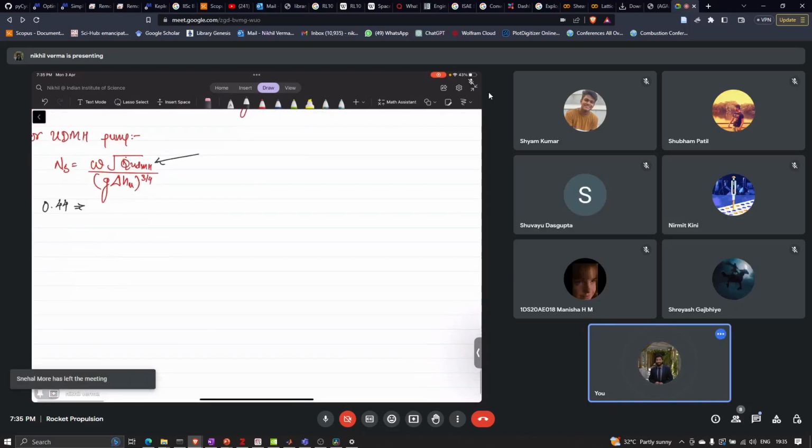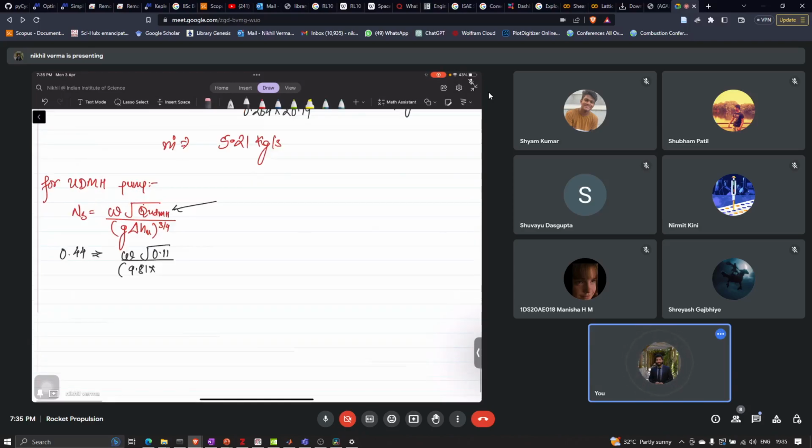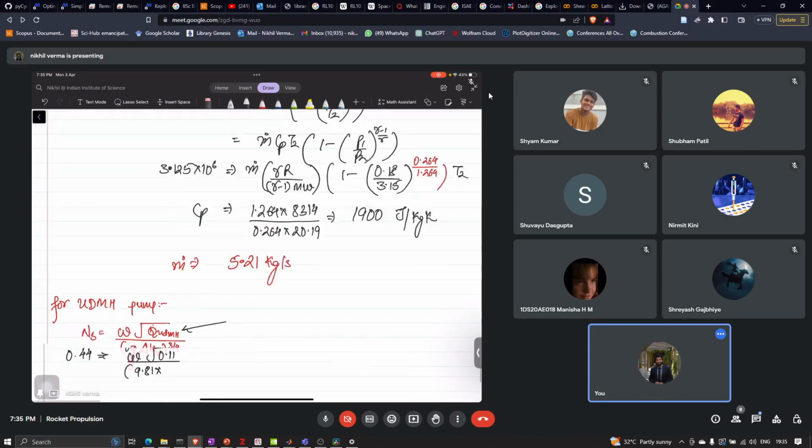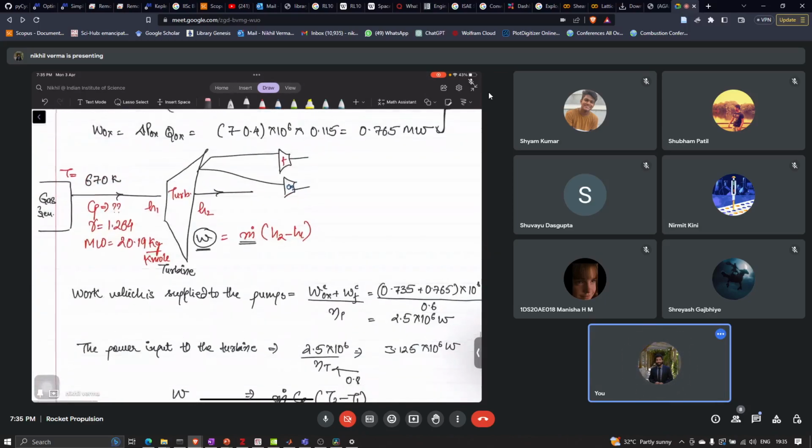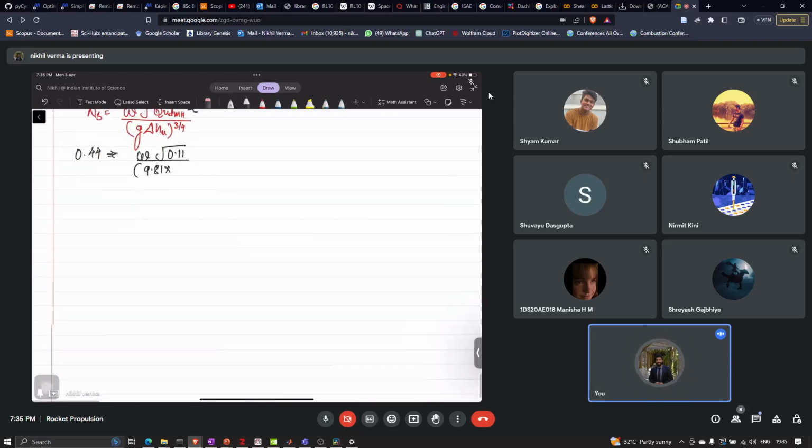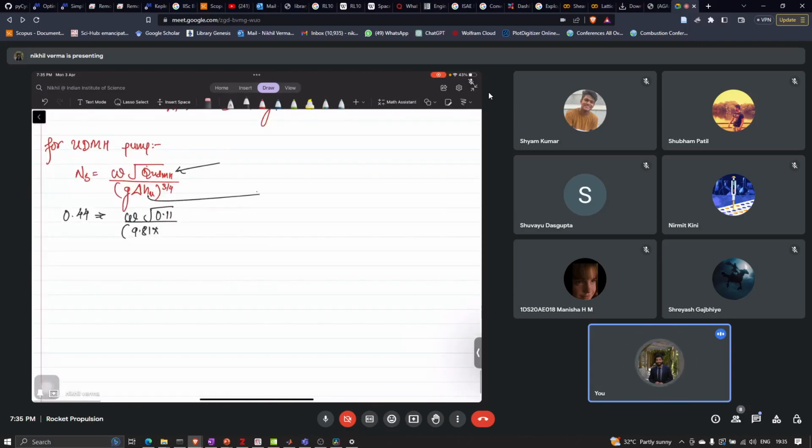So this is omega, 0.11, divided by 9.81, and delta H is equal to the work done. Delta H is the change in terms of the height, right? So this is delta P UDMH divided by rho UDMH into g.